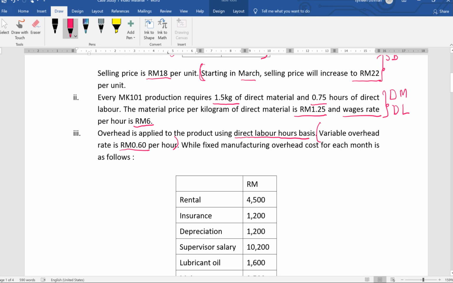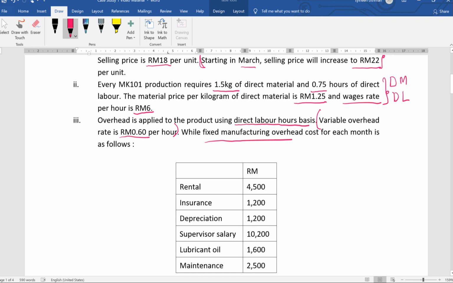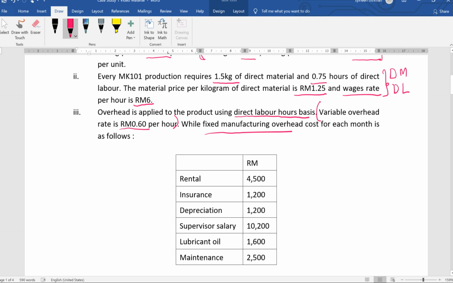But for fixed manufacturing overhead costs, you are given as follows. This fixed manufacturing cost is going to be paid every month, because it is mentioned here for each month.